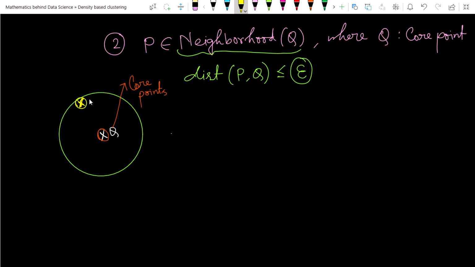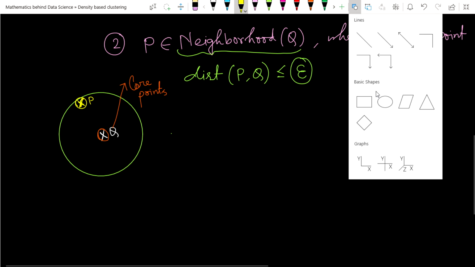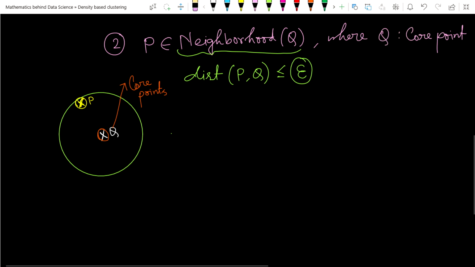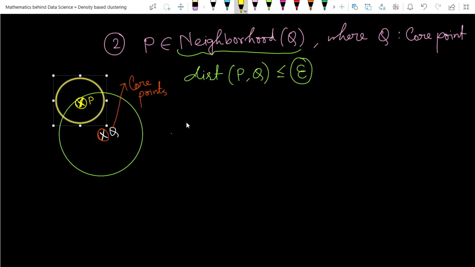This is the P that we have. They also have some region on the basis of this point.